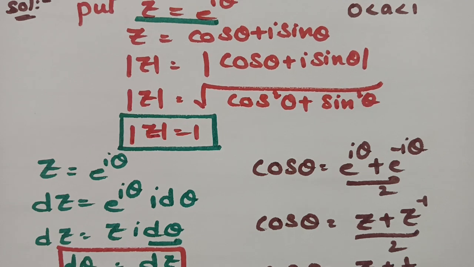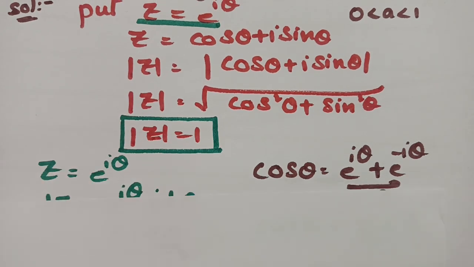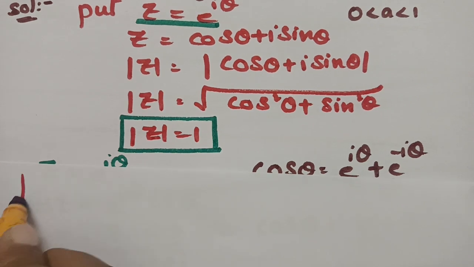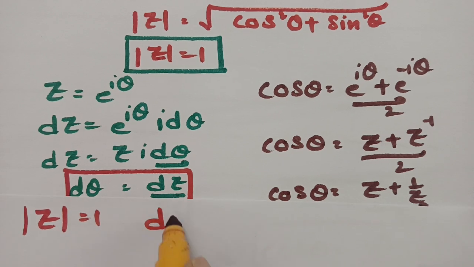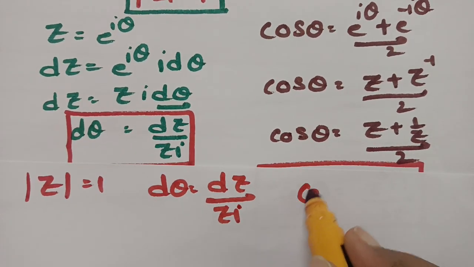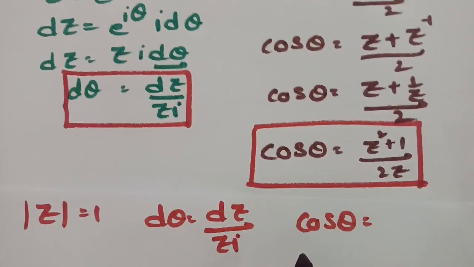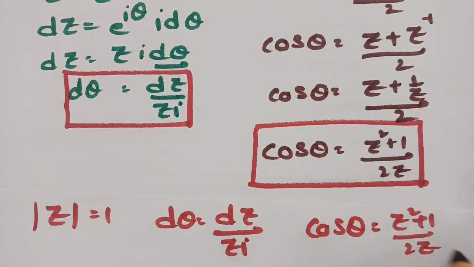This is dz, and this is mod z equals 1. Clearly, we got the region as a circle with center 0 and radius 1. And dθ we got as dz by zi, and cos θ as (z² plus 1) by 2z.